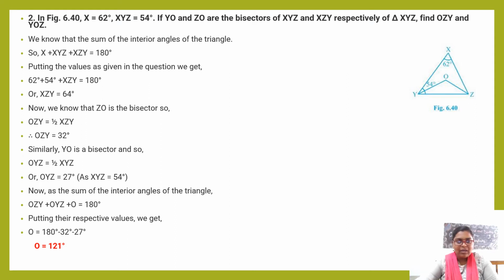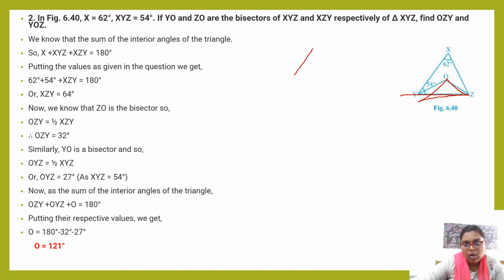Everything we have. Now if you add all the angles of the triangle, you will get 180 degrees. So here OZY plus OYZ.